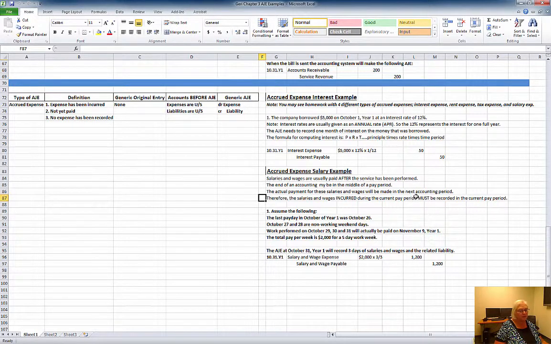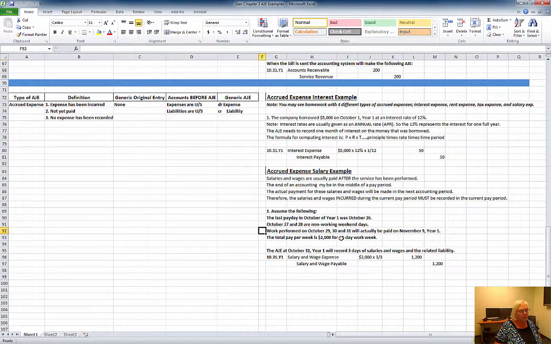That's why we have to make the adjusting entry. So let's assume the following. The last payday in October of year 1 was October 26th. Okay, October 27 and 28 are non-working weekend days. So work performed on October 29, 30, and 31, which is Monday, Tuesday, Wednesday, will actually be paid in November.